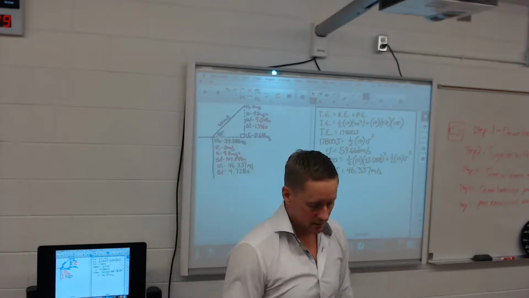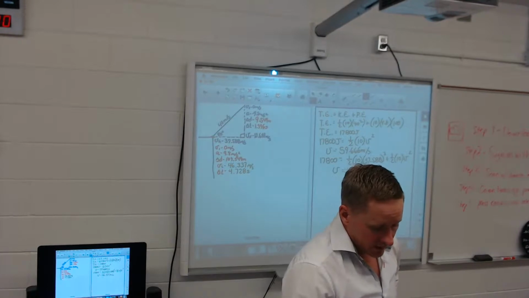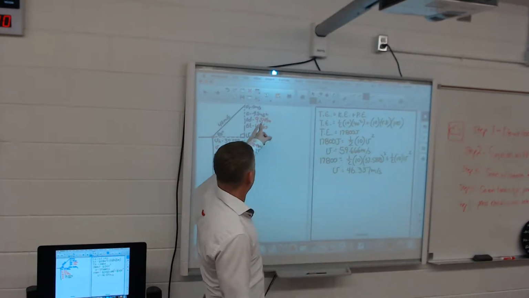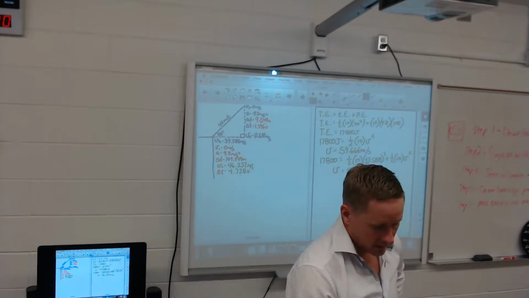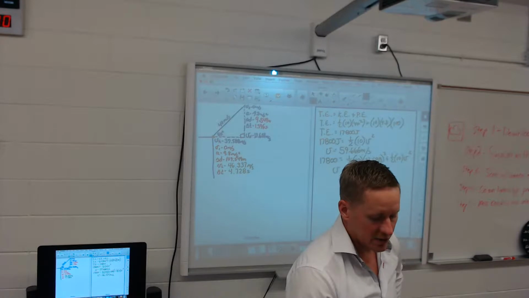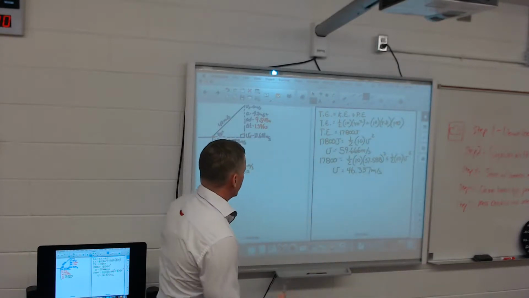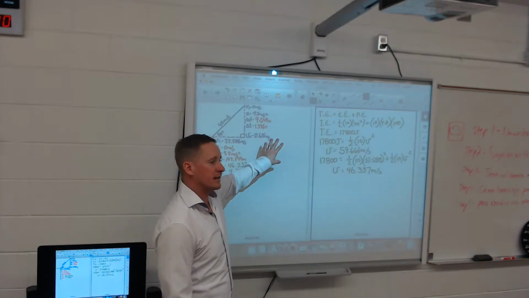Okay. And then it says, what height will the ball rise above the ground? Well, that's just 9.549. And what is the speed of the ball when it is 20 meters above the ground? Can I show you using this first?